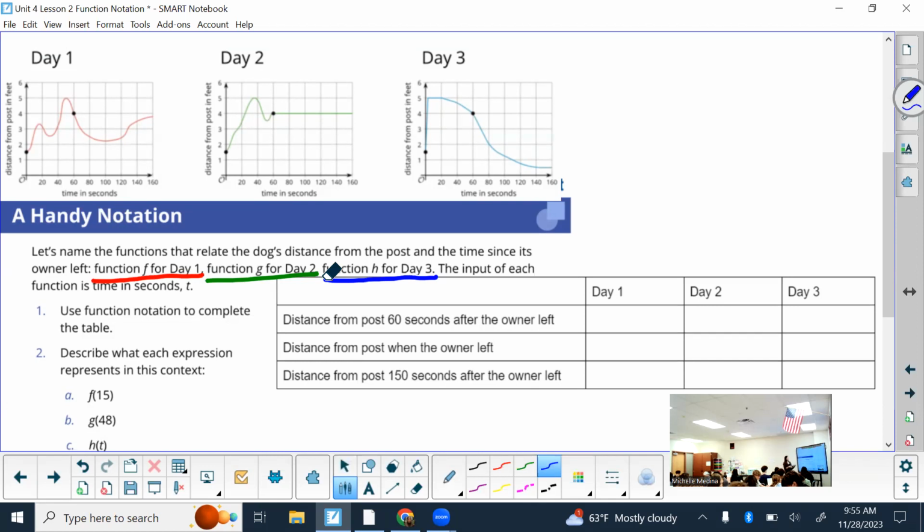So we'll do day 1 together. What's the name of the function for day 1? G. Sorry, what was that? G. So for day 1, it was actually f. So right here. Yeah, for day 1, it was f that they chose. And then what needs to go in the parentheses if we're talking about distance from the post 60 seconds after the owner left?